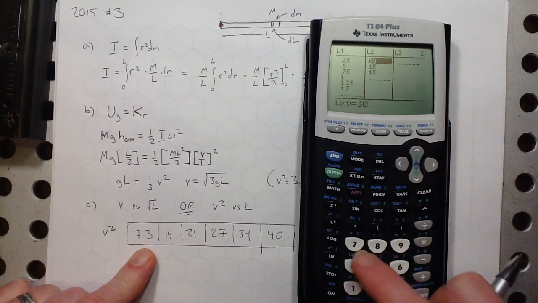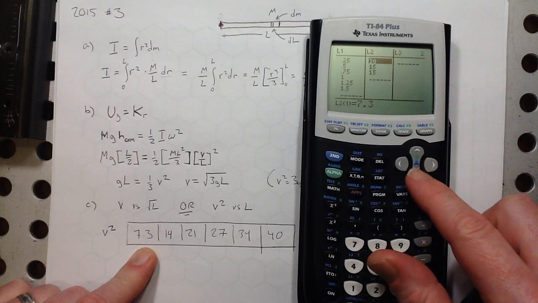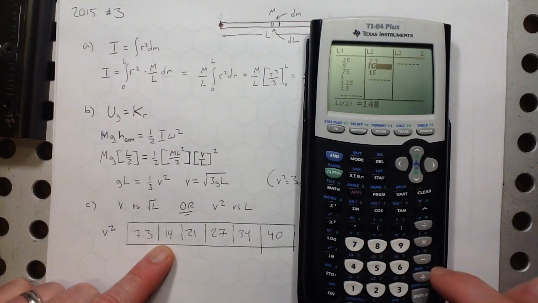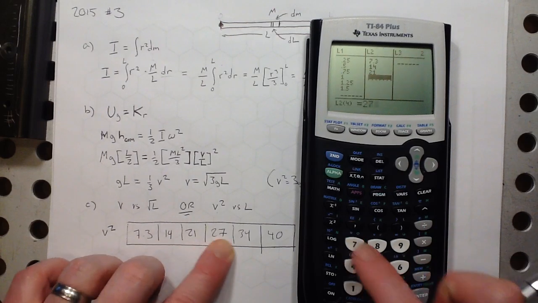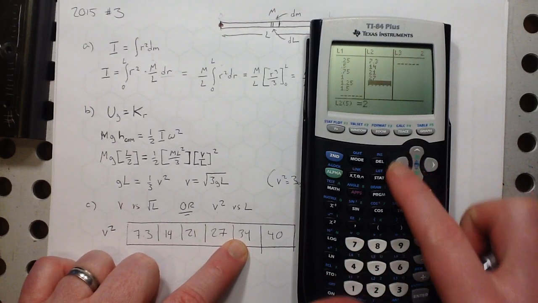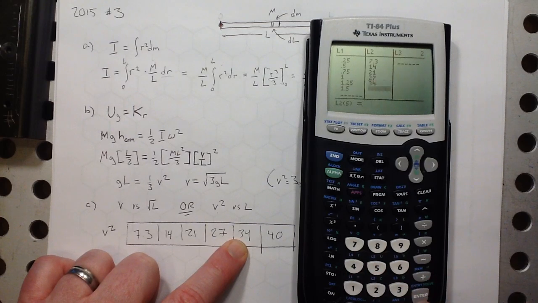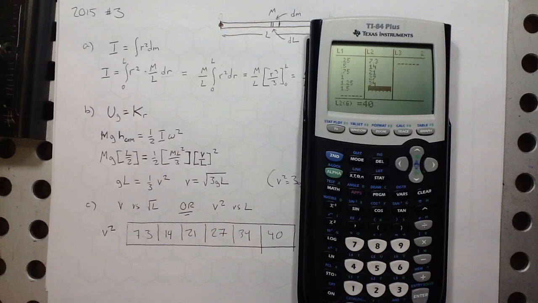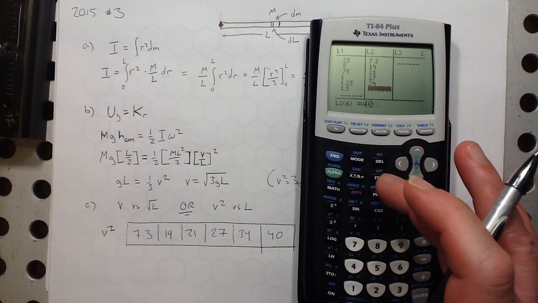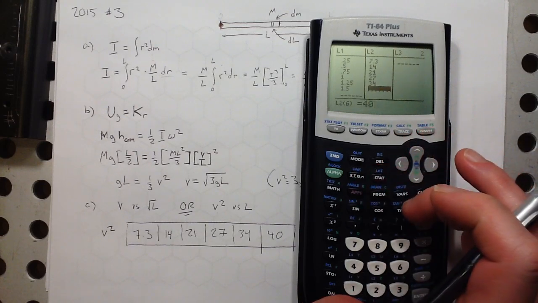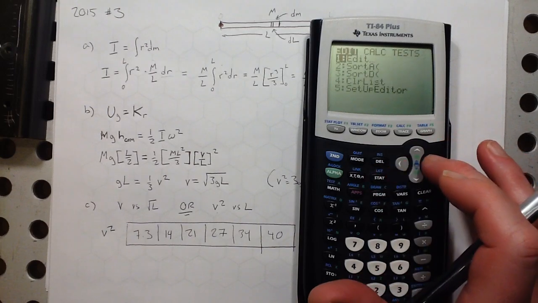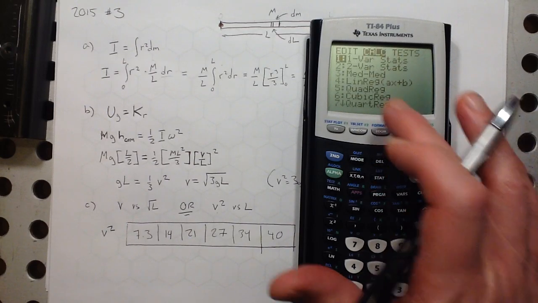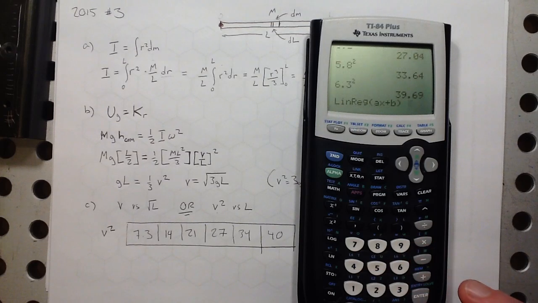And here I've got my 7.3, 14, 21, 27, 30, 34, and 40. And I'd like to know what the line of best fit for that is. So I'm going to go to Stat, calculate the linear regression for that.